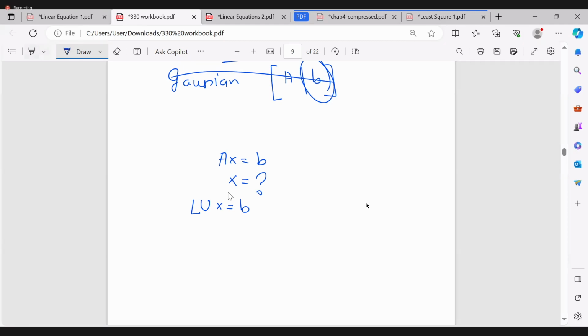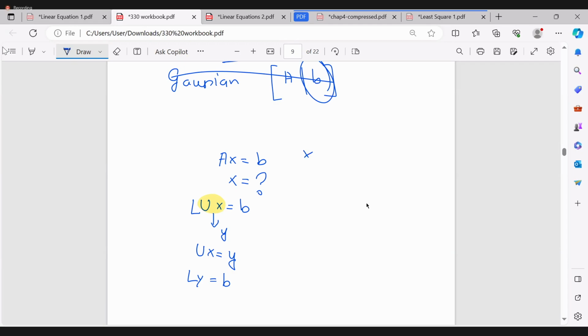Here, you consider this UX right there as Y. So, you write UX equals to Y. And this equation becomes LY equals to B. Now what is Y?